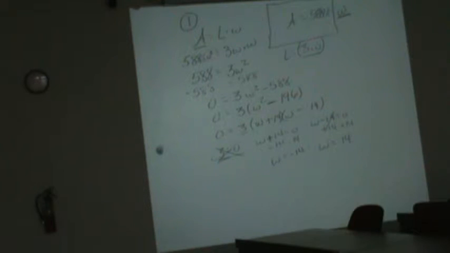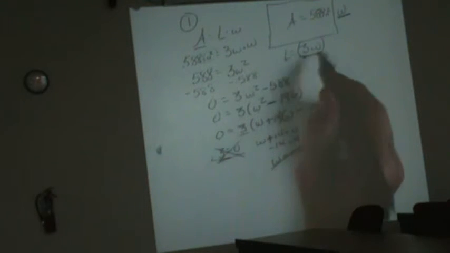Is the width probably going to be a negative number? No, when you measure something, it's always positive, right? So the negative isn't an answer either. We know the width is 14. It said to find the dimensions, so you need both dimensions. How are we going to find the length?